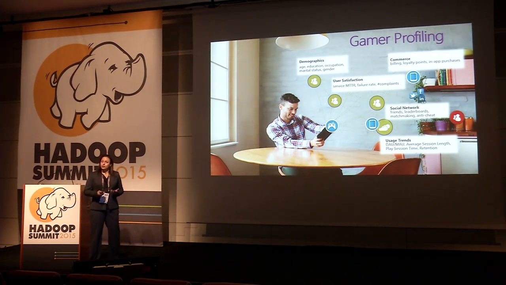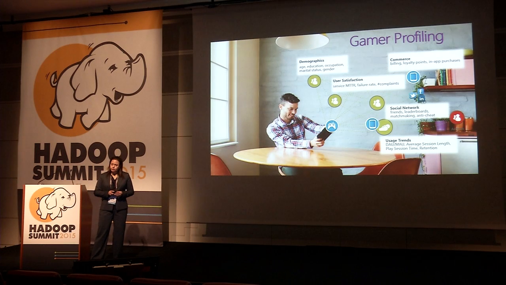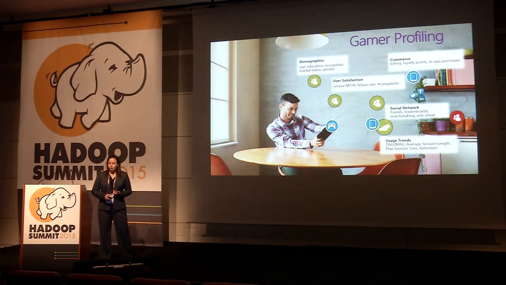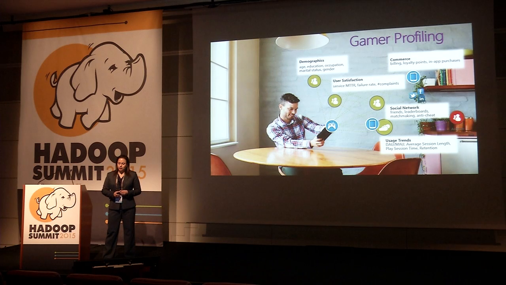We have a lot of the commerce data: billing, loyalty points, in-app purchases for each user. Some of their social networking aspects. Are their friends playing the same games? Do they want to play the same games as their friends? What are the leaderboards and how do you maintain those? How do you do matchmaking? And how do you detect cheaters?